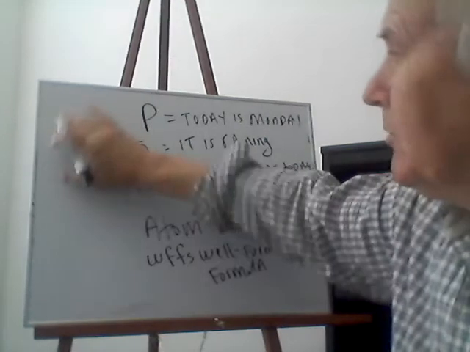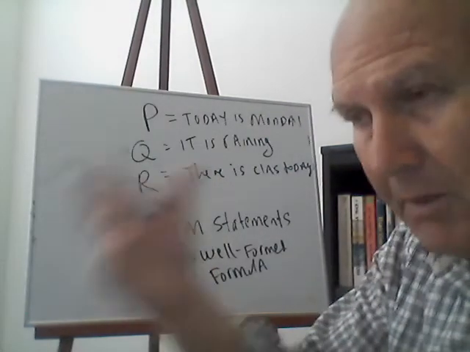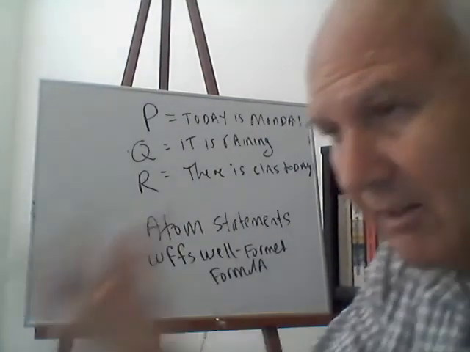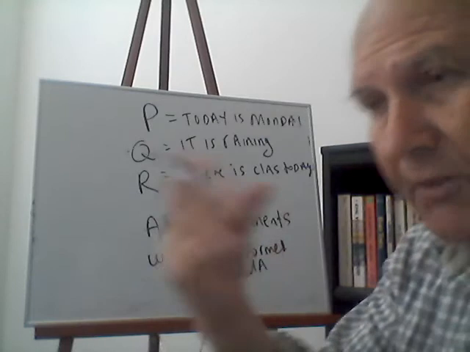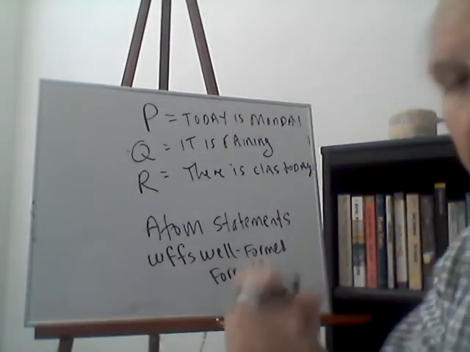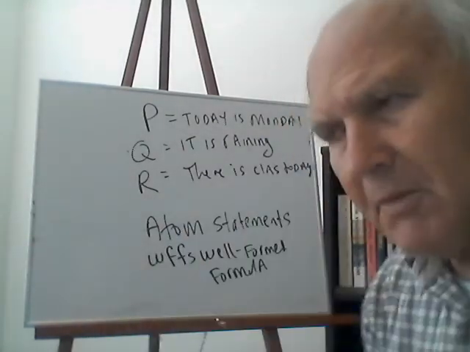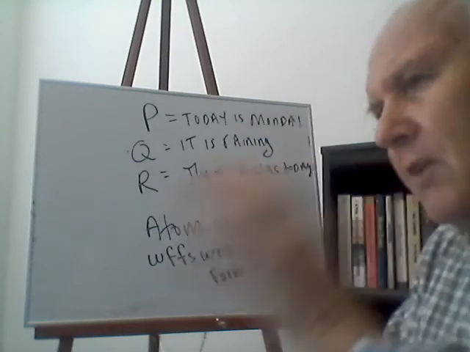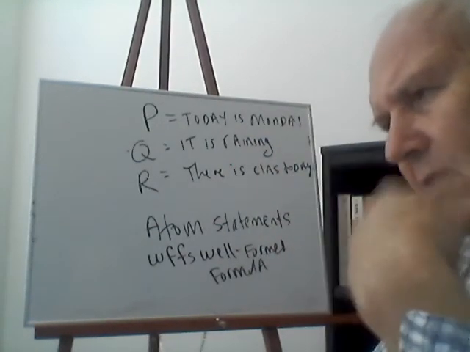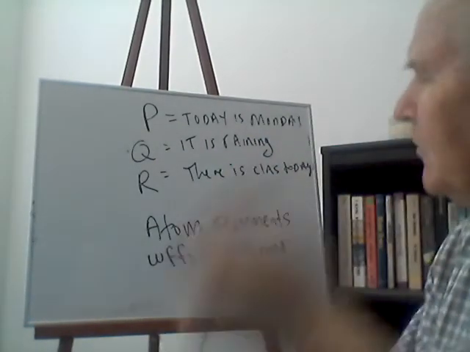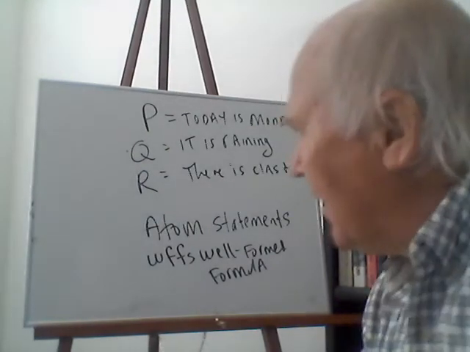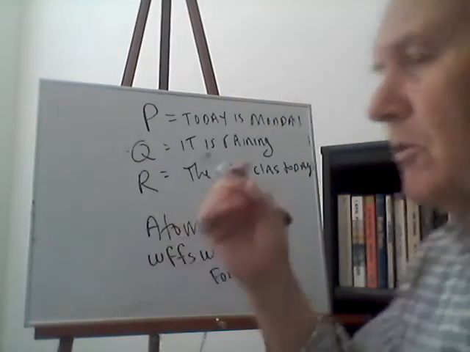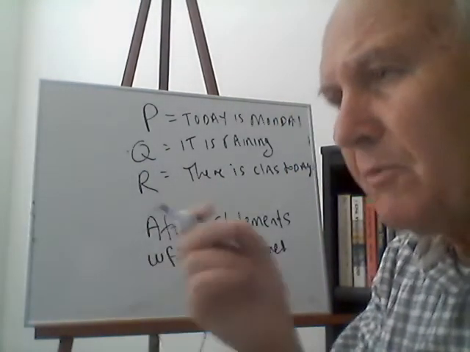Often these are referred to as sentences. Many logic books will refer to a sentence, some will refer to statements, some will refer to propositions. They all basically mean the same thing. Every meaningful sentence, statement, or formula in propositional logic is a WFF, a well-formed formula.